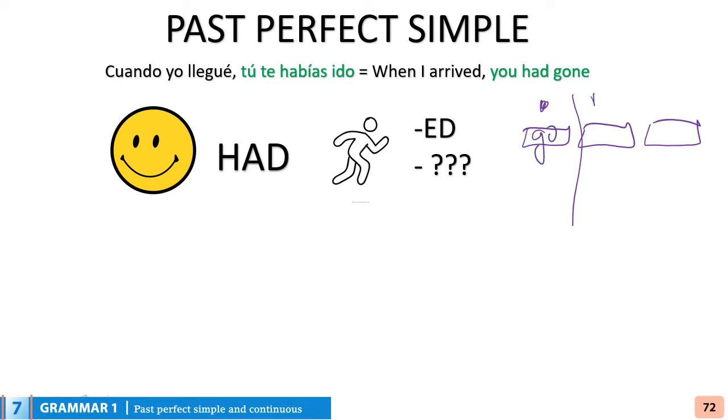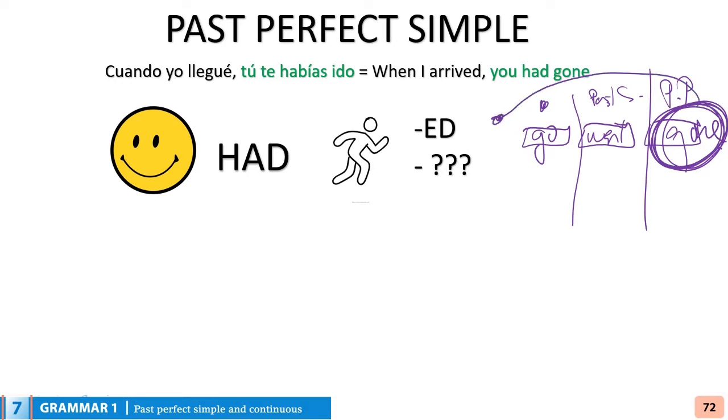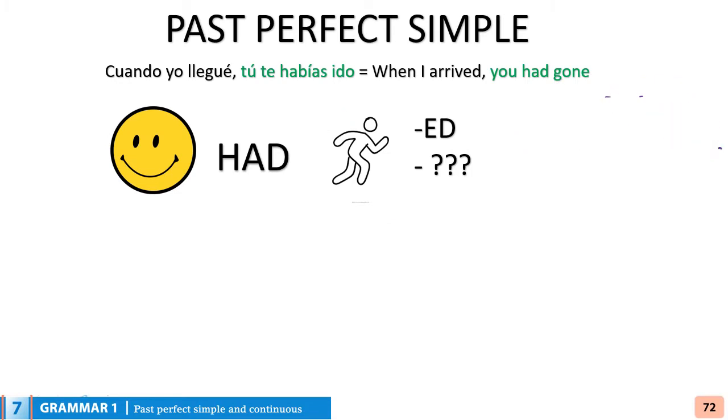This is the past simple, which is went in this case, and this is the past participle, which is gone. So in this case, we're going to use all the time the past participle here in this part of the structure.